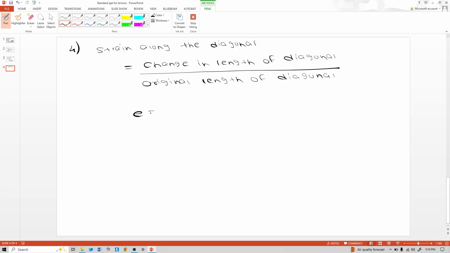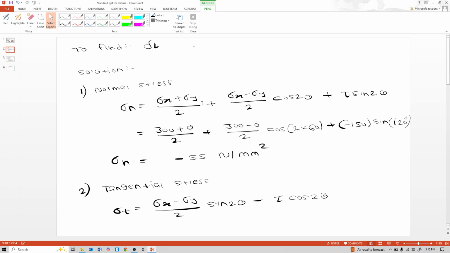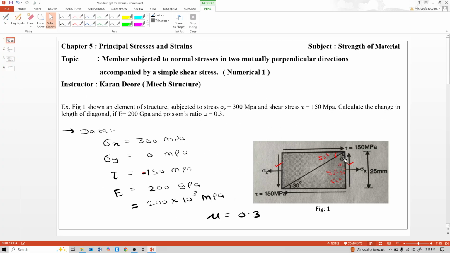That means this strain is equal to the change in length upon original length. Consider this as equation 1. We don't know the original length of the diagonal. We know only the side of this rectangle, 25 mm, and we need to calculate this diagonal. By using this angle, sine theta is equal to opposite side upon hypotenuse, we will get the diagonal length.